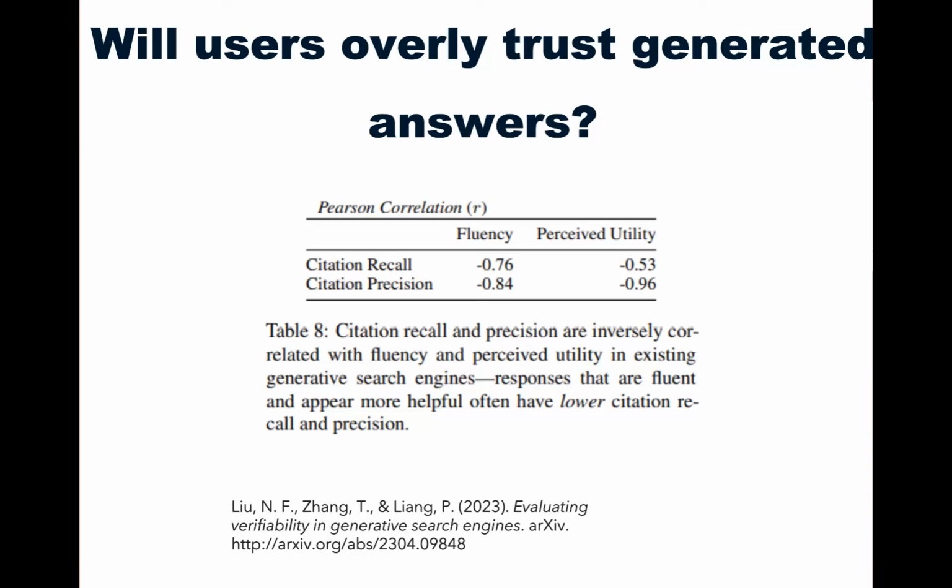And the stunning thing that they found is that citation accuracy, whether in terms of citation recall and precision, is negatively correlated to fluency, and negatively correlated to perceived utility. Right? What this actually means is that in general, answers that users find useful or answers that users find to be very fluent tend to have problematic or wrong citations, right?